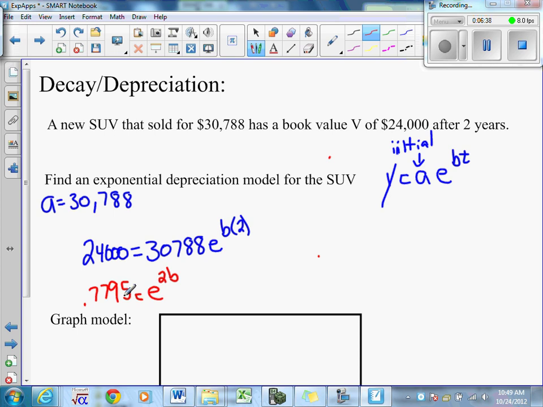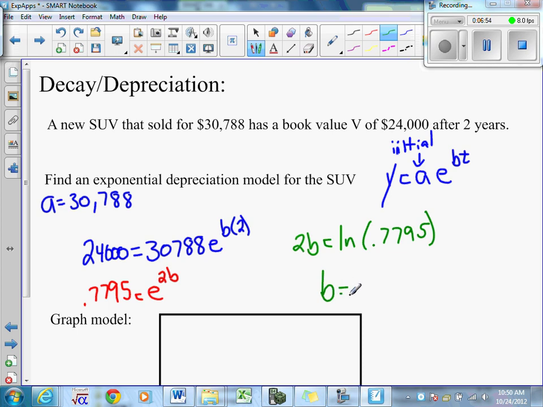Now I need to solve for B. I need to write this in logarithmic form. This goes back to what we did previously. This is why it was important what we did last chapter. 2B is the natural log of 0.7795.